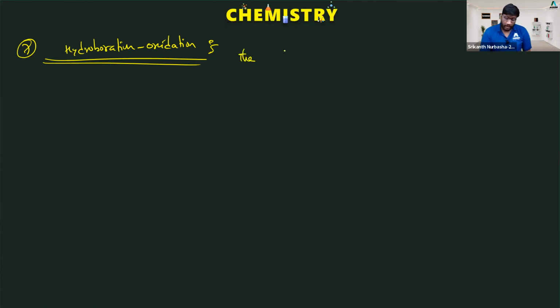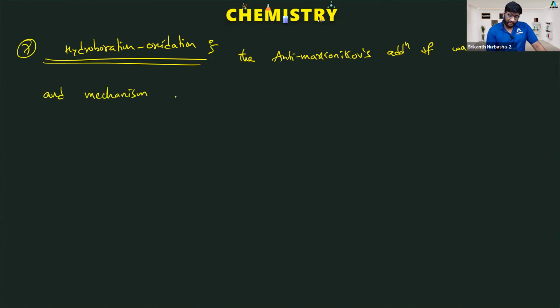The anti-Markovnikov addition of water occurs, and the mechanism proceeds through a four-membered cyclic transition state.